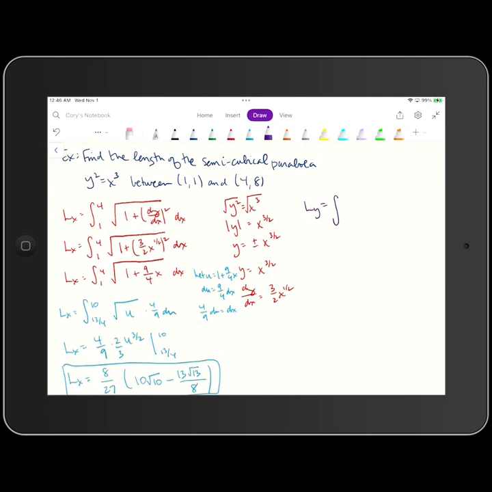So if we look at the y values that contain the two endpoints of that semi-cubical parabola, the smallest y coordinate of our endpoint is 1. The largest y coordinate of our endpoint is 8. And then we're going to take the square root of 1 plus dx over dy, quantity squared, and then we're going to integrate that with respect to y.